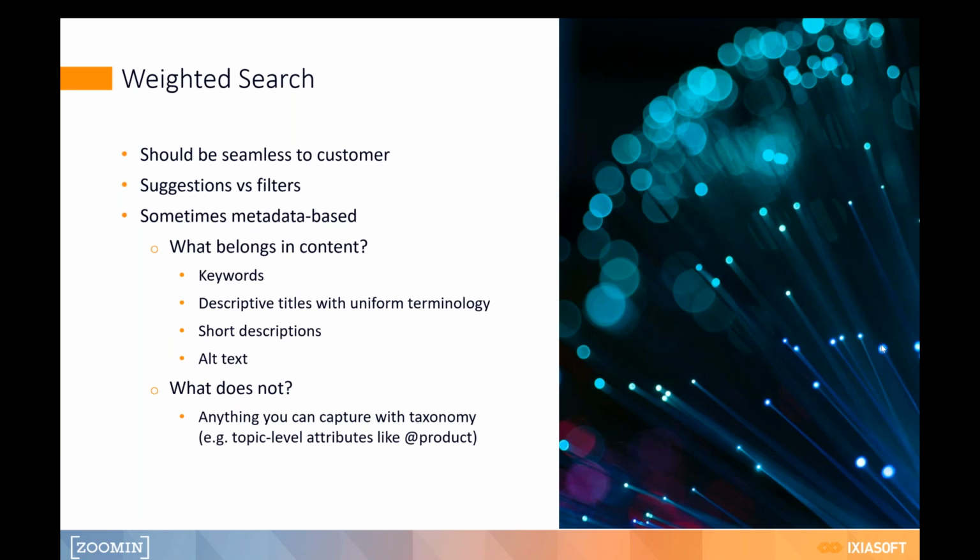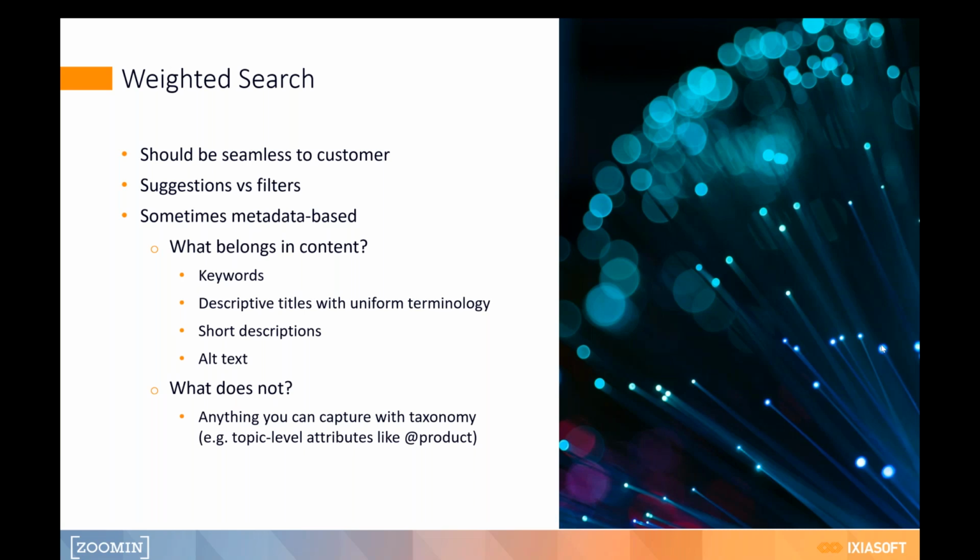Now, what doesn't belong in your content with respect to weighted search is, it's kind of hard to define a negative, but it's really anything you can capture with taxonomy. So these categories, like the product, the version, the user role, that doesn't belong in your content.